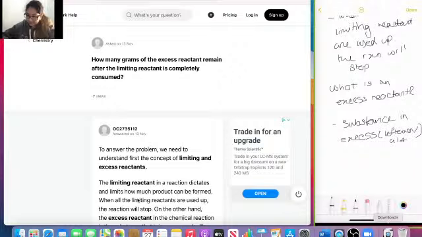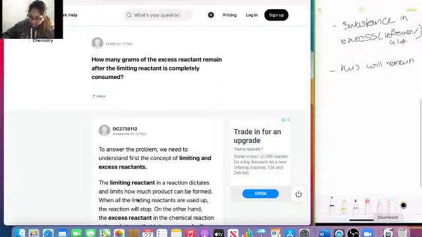Okay, and so this will remain even when the reaction stops.